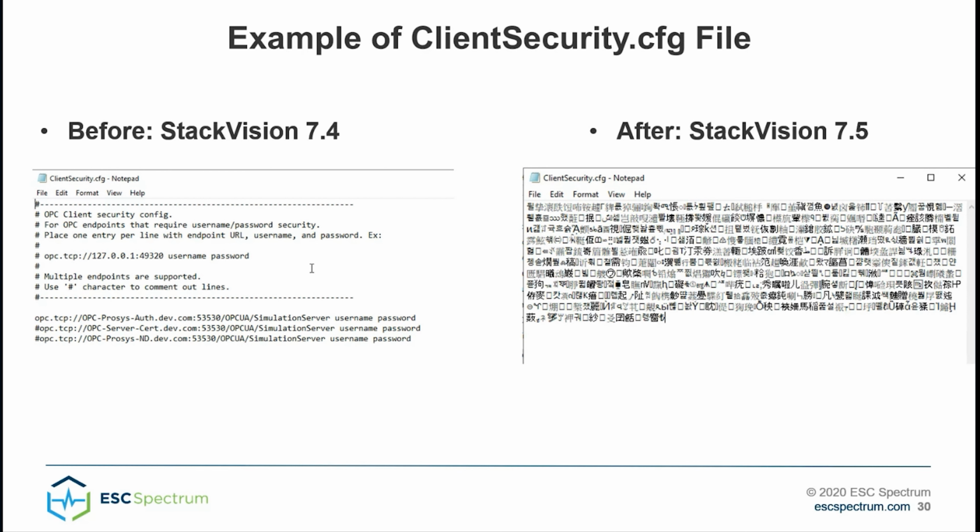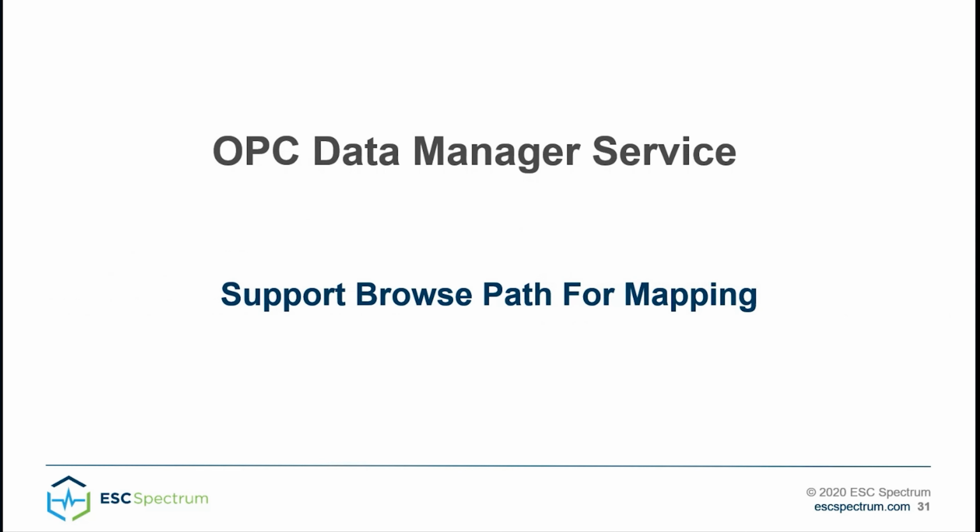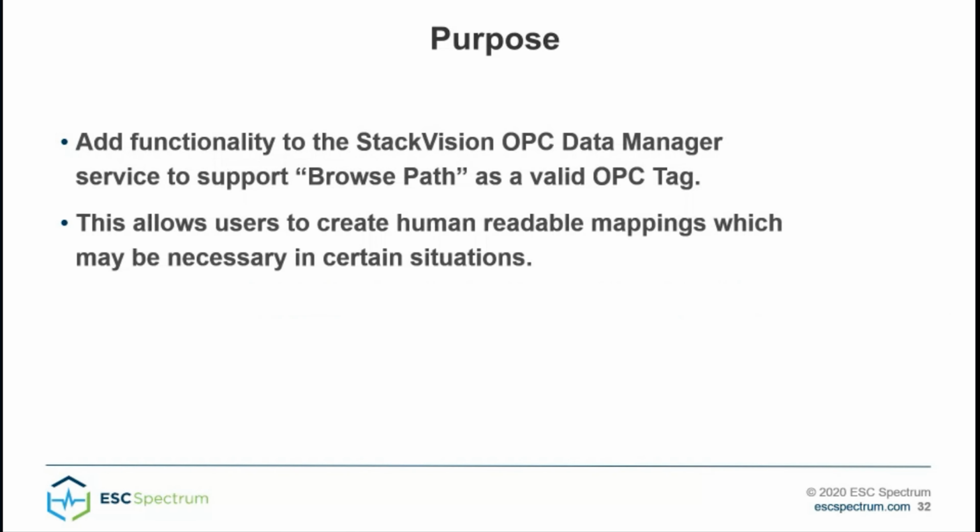But yeah, the next thing that we added was supporting browse paths for mapping. So there were situations where tags or node IDs are some random alphanumeric string of characters.